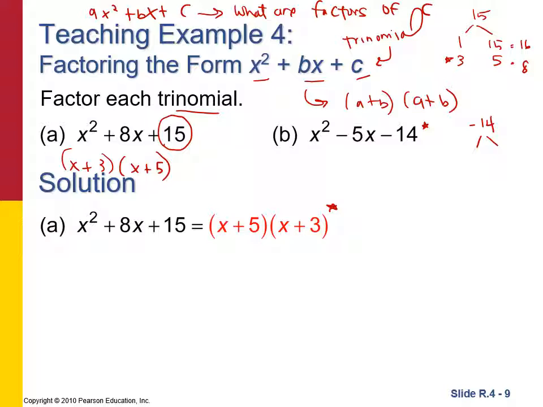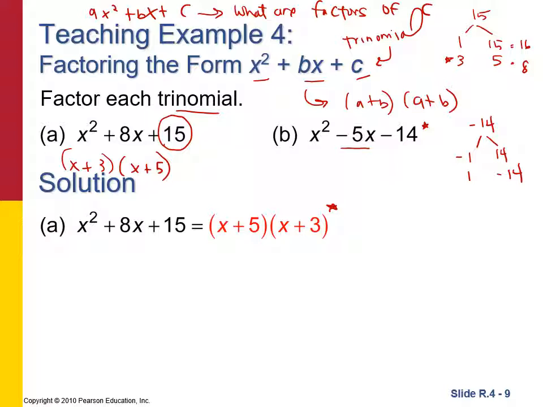Because if they're both positive, then 14 would be positive. If they're both negative, then 14 would again be positive. So what are some factors of 1 and 14? And then we're going to determine which ones add and give you negative 5. So negative 1, positive 14, positive 1, negative 14.